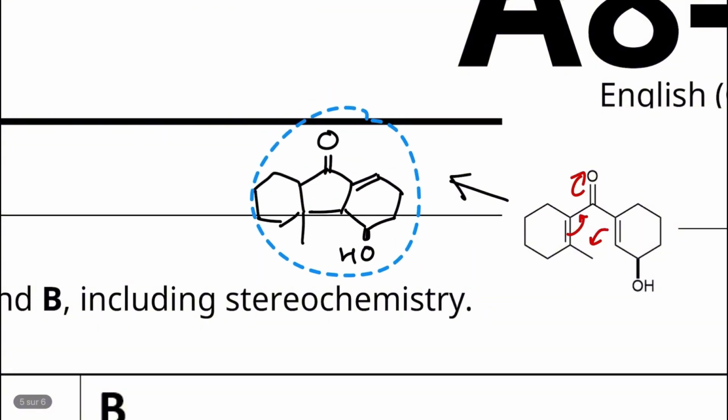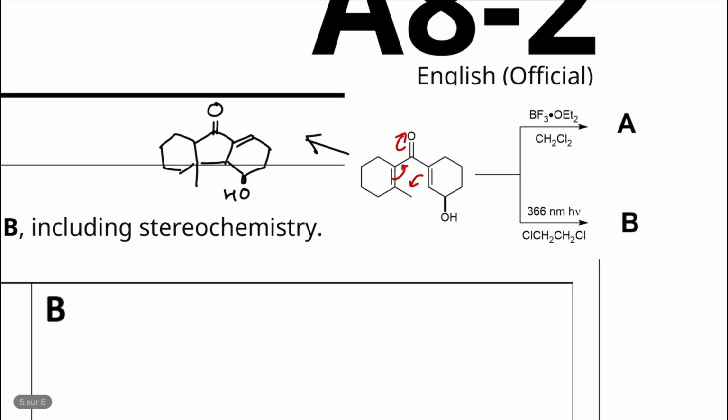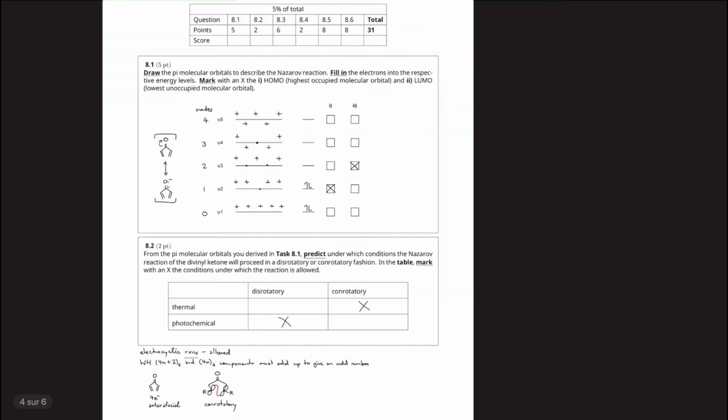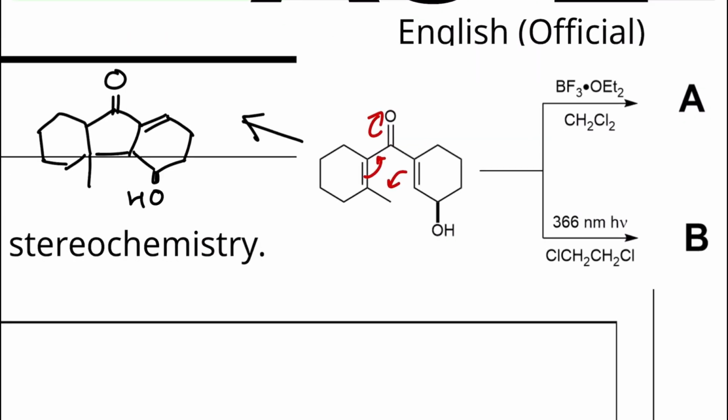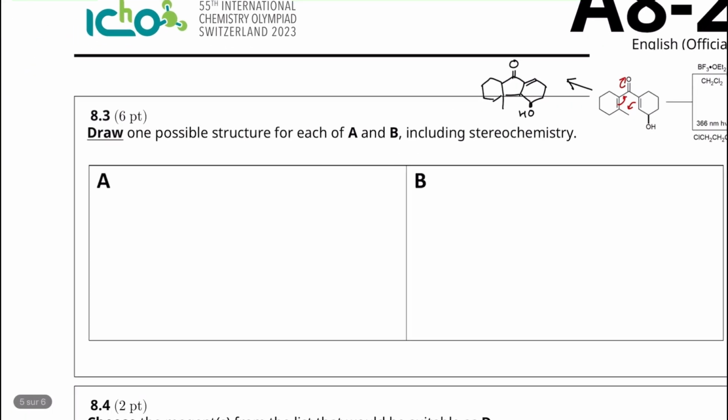Now we need to determine its stereochemistry. We said earlier that for A it is thermal, and it will do conrotatory, right? Thermal conrotatory. So the substituents of both ends right here will end up in a different position. Let me just draw that out first.